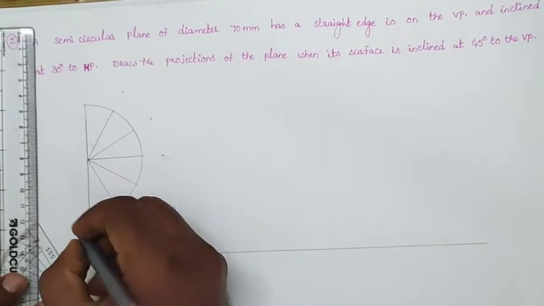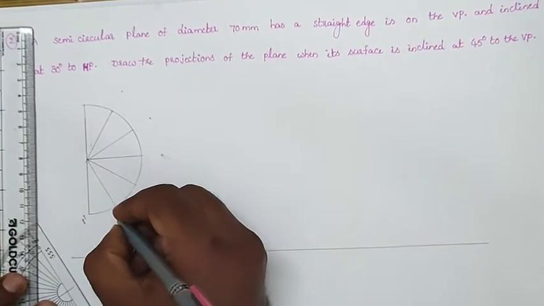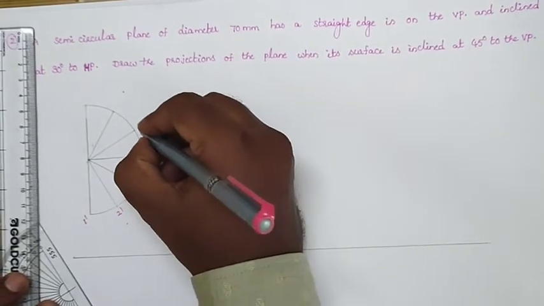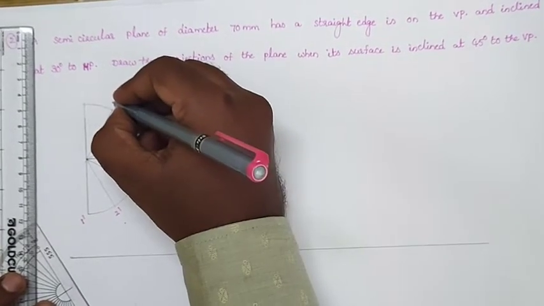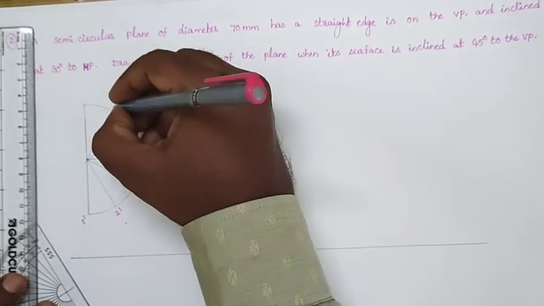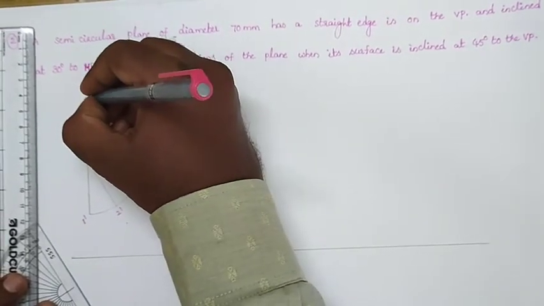I am locating here 1 dash, this is 2 dash, 3 dash, 4 dash, 5 dash, 6 dash, and this one is 7 dash.